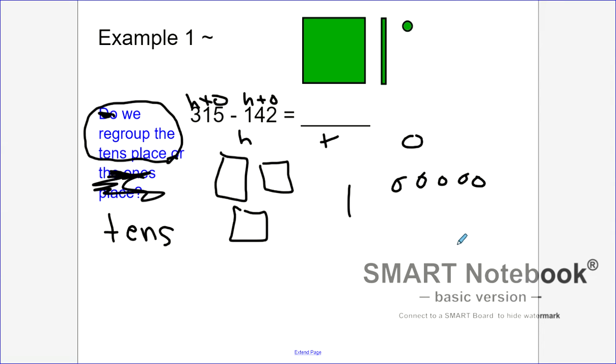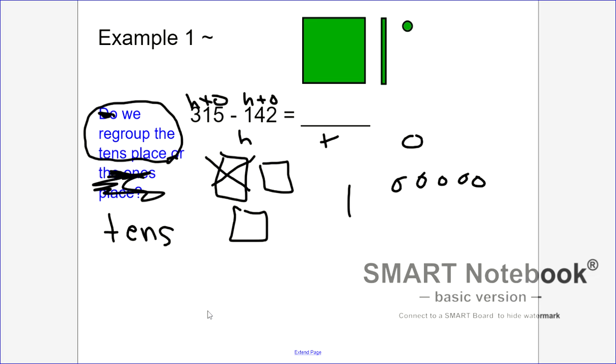And now I want you to go ahead and think about whether we can take 1 from 3, whether we can subtract 1 from 3. So in the math problem, 300 minus 100, can we do that or do we need to regroup? 3 minus 1, we can do that, we don't need to regroup, so we simply cross out 100.